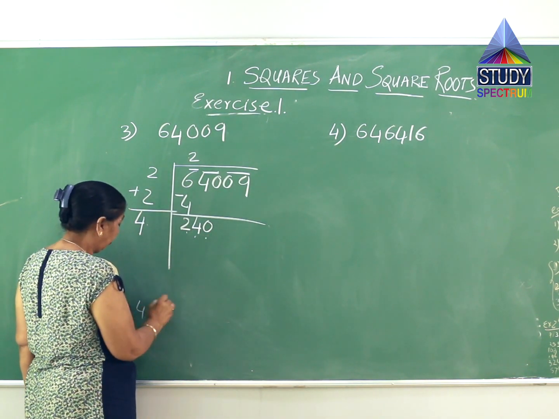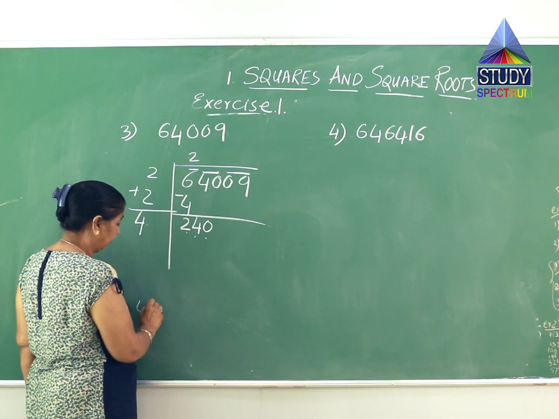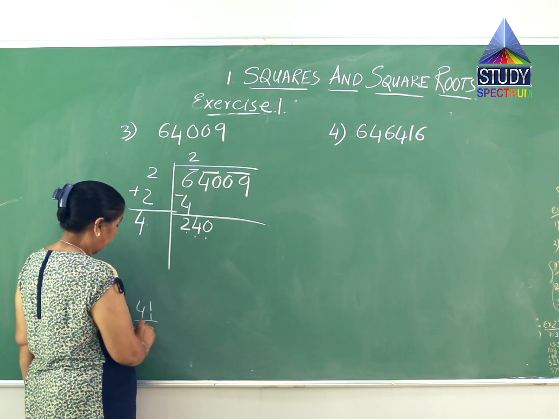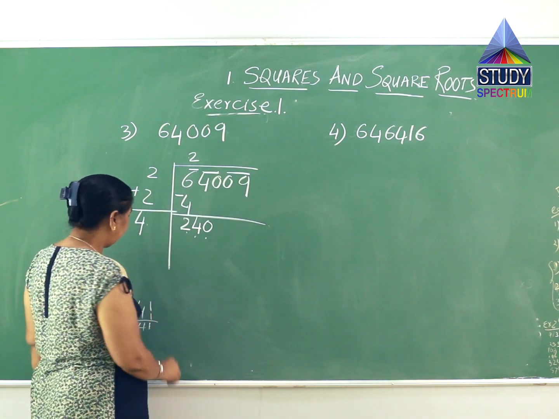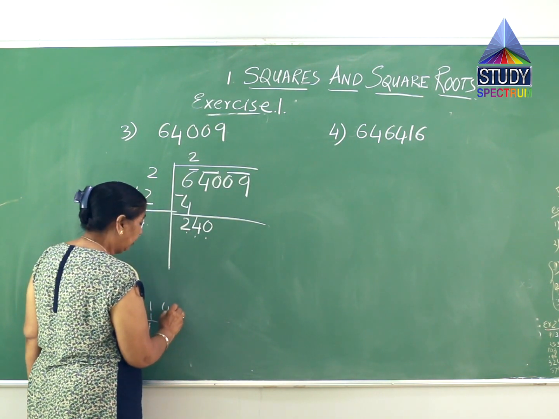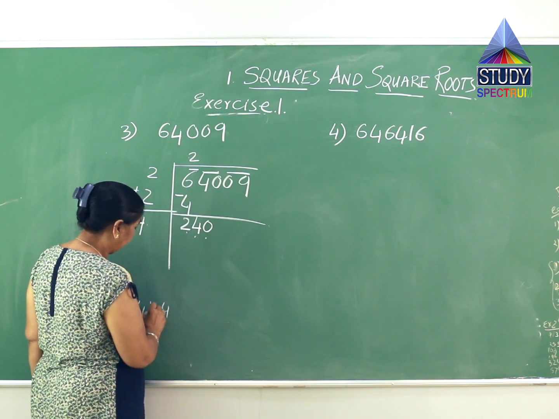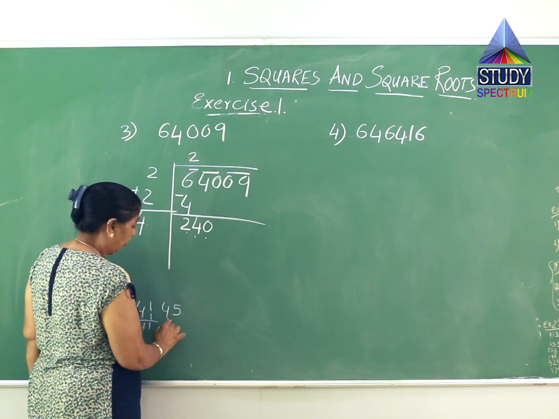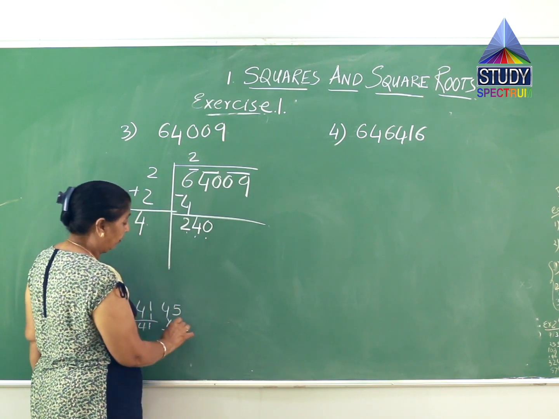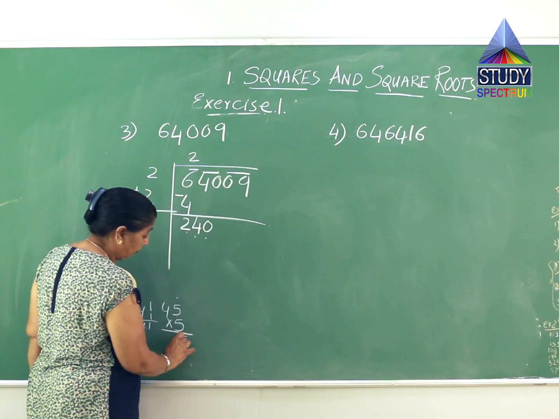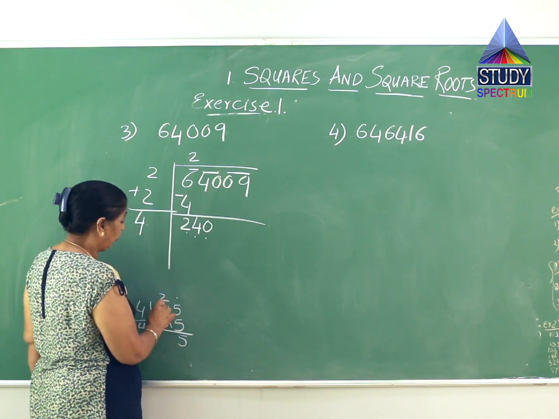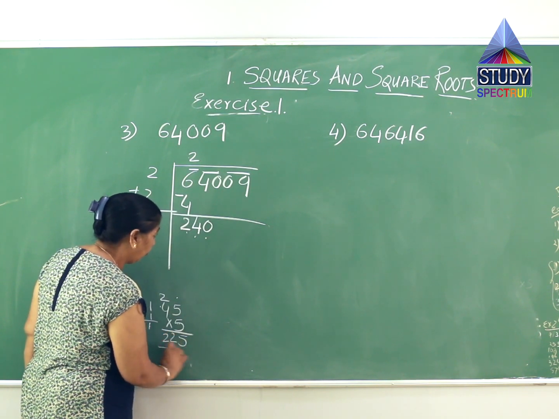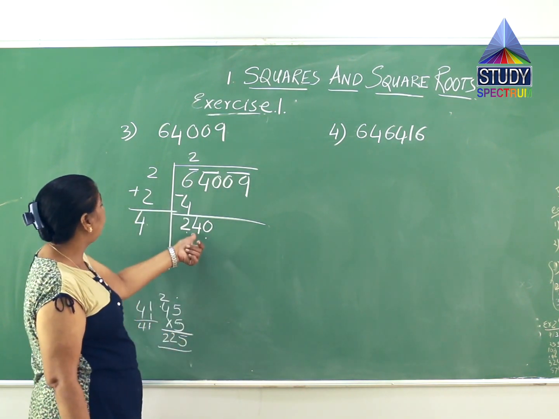Then again you can go to your working column and multiply and see. As you know, if I'll put 1, it will give me very less number. So I'll start with another number. Let it take little bit larger than 1. Let me take 5. If I multiply by 5, 5 into 5 gives me 25, 2 carry. 5 into 4 gives me 20 and 20 plus 2 gives me 22, which is nearby to this number.